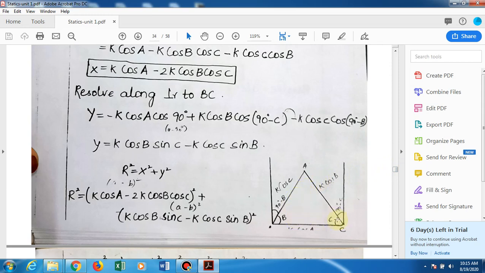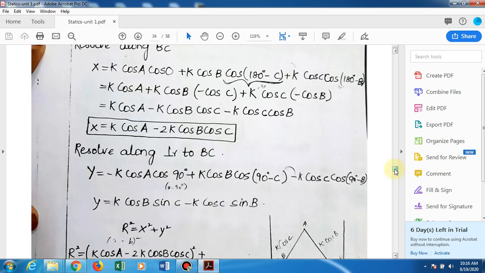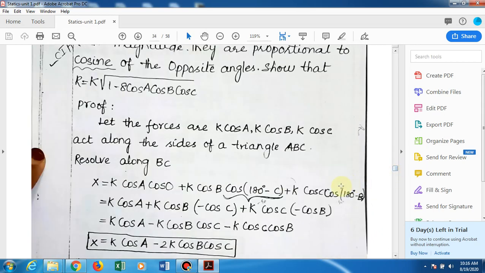If you understand the diagram, you can do this problem. So resolve along BC and you will get X is equal to k cos A minus 2 k cos B cos C.